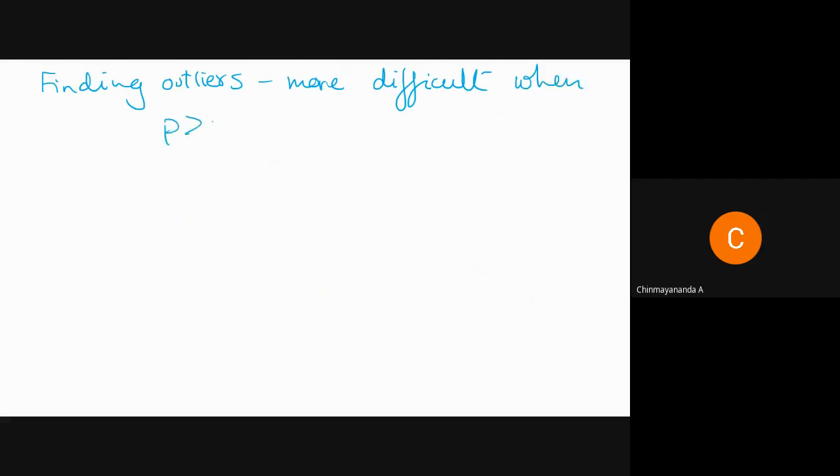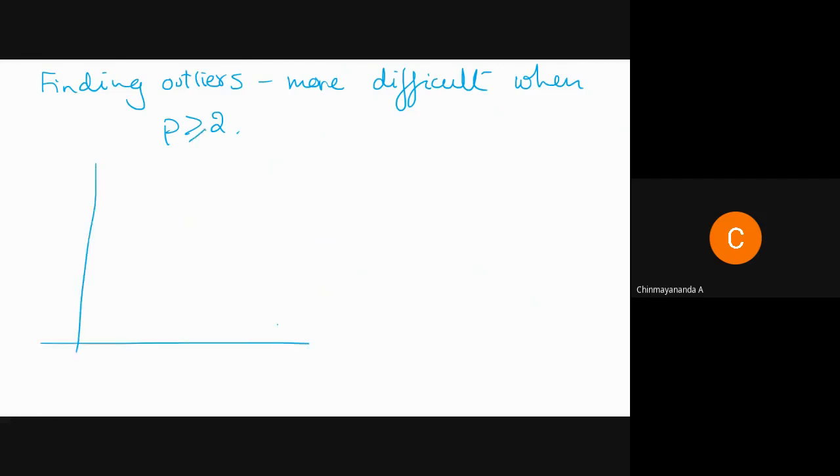Okay, so finding outliers is more difficult when p is greater than or equal to 2. So let us just see why.